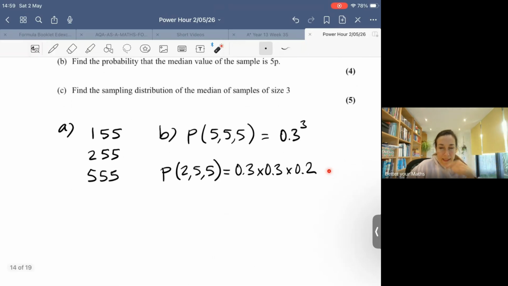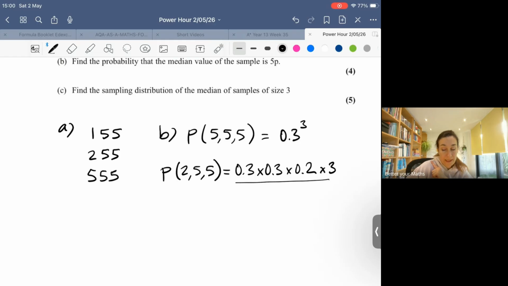What else do I have here? I have more than one combination. So I can have 255, 525, 552. When my numbers are different, I have to consider that the order will change. So 255, 525, or 552 are different options that give me that probability.